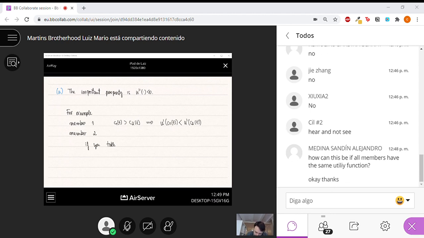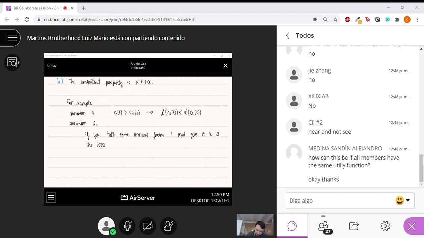So if you take some amount from 1 and give it to 2, the loss in utility for household member 1 is the marginal utility, right? Remember, the marginal utility is how utility changes if you increase consumption by a very small amount or decrease by a very small amount, okay?